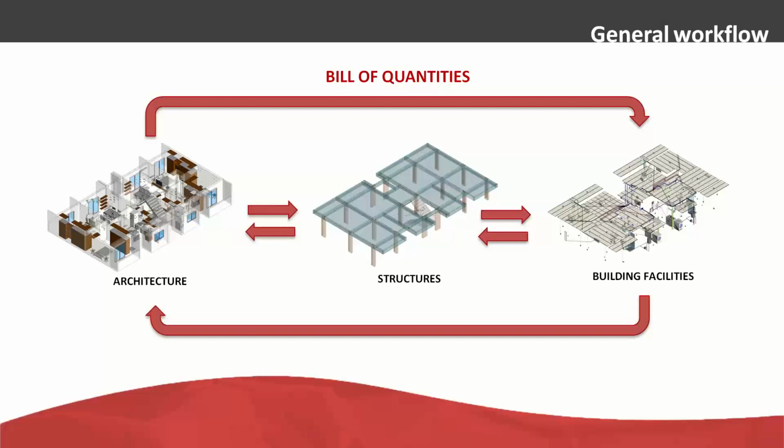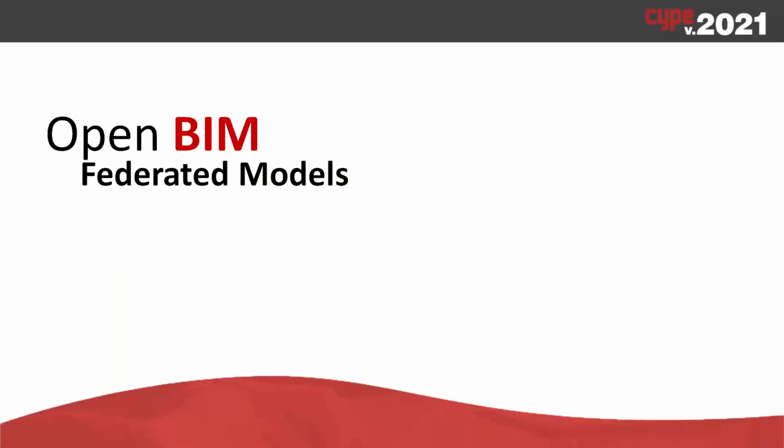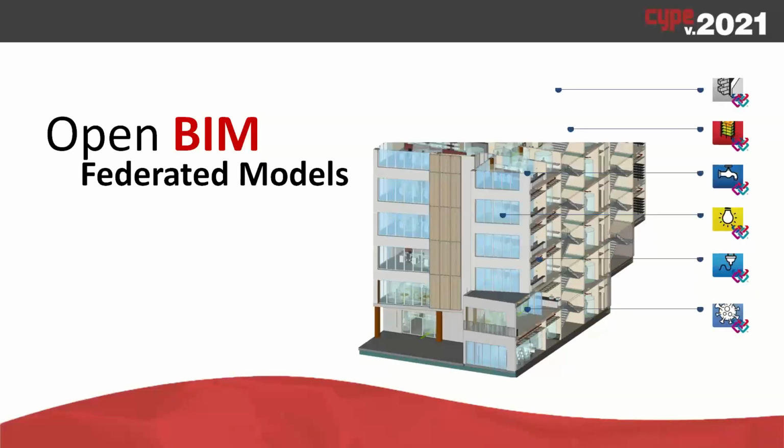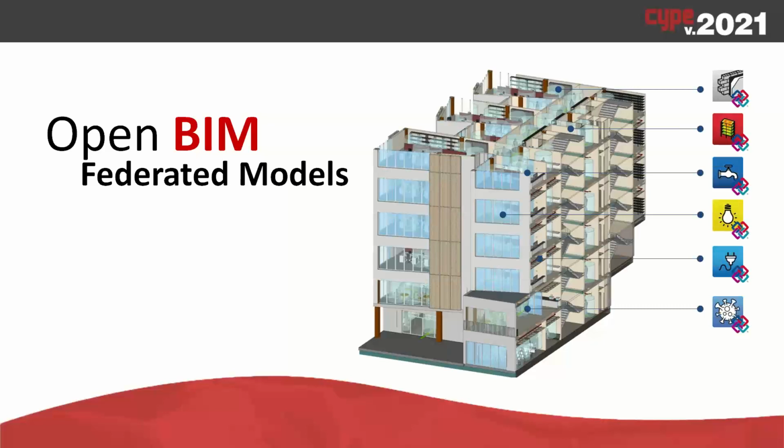I will be able to import all these models in order to get the global bill of quantities. And this is something we can do because we are following this idea of working with open BIM federated models, so we can create the BIM project based on different models generated by different tools.